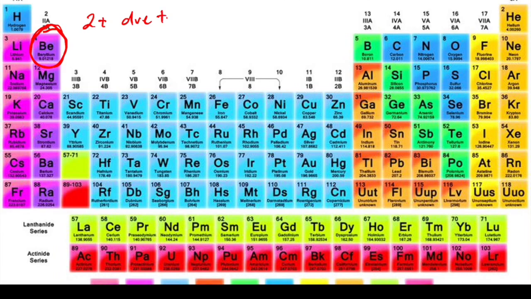So once again, this is 2 positive because it will want to lose 2 electrons. The nitrogen, which is on the nonmetal side, in column 15, will want to become 3 negative. This is due to it wanting to gain 3 electrons.